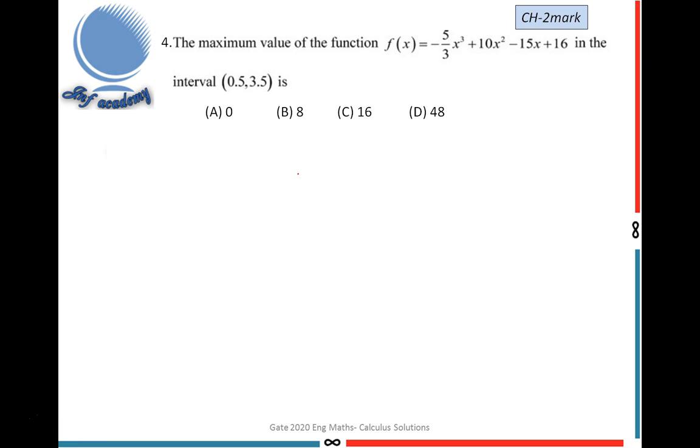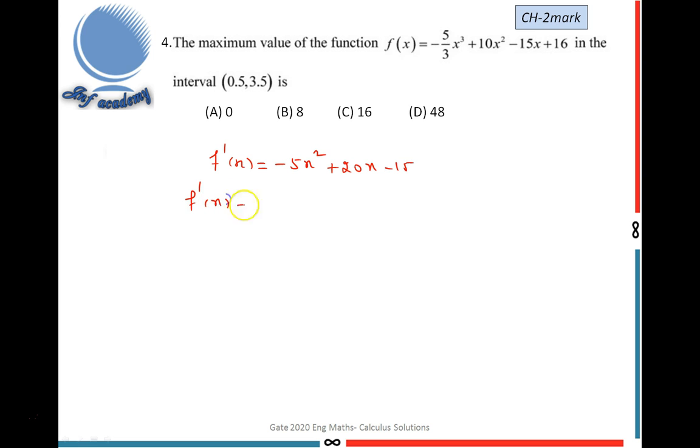The fourth problem is the maximum value of the function f of x. A function is given in the interval 0.5 comma 3.5, and you have to find the maximum value of the function. This question is from the CH department. It has 2 marks. First I find f dash of x. This is 3x square, the differentiation of x cube, so I cancel the 3, minus 5x square plus 20x minus 15.